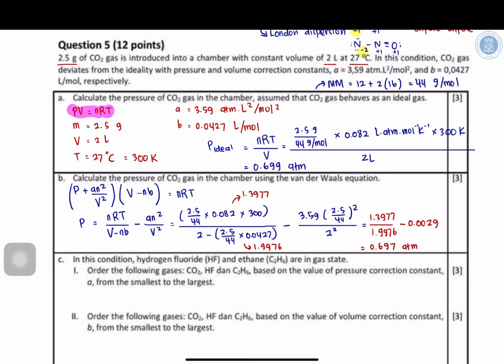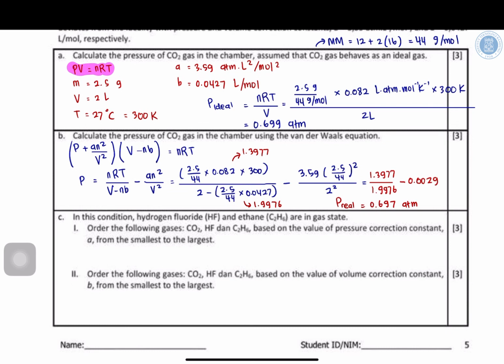The value of the P real, so as a real gas, is slightly less compared to the ideal pressure, and the calculation result is 0.697 atmosphere.